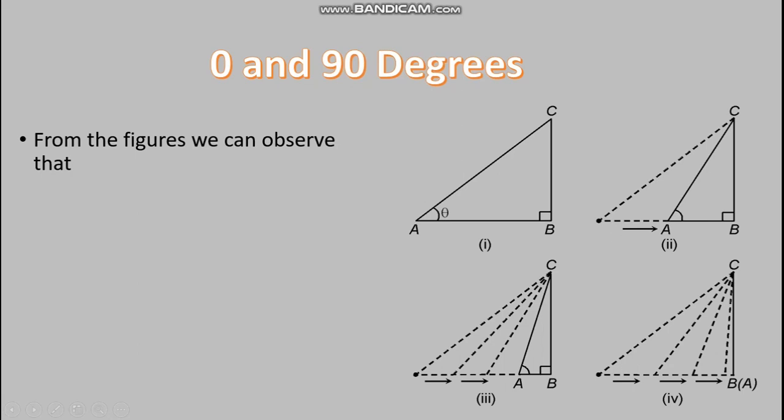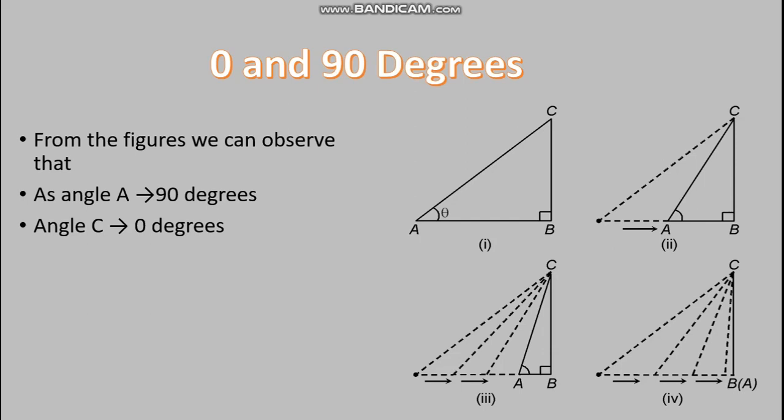It is tending towards 90 degrees. As angle A increases, angle C is decreasing. As angle A tends towards 90 degrees, angle C tends towards 0 degrees. That is one observation. As angle A increases, angle C decreases.